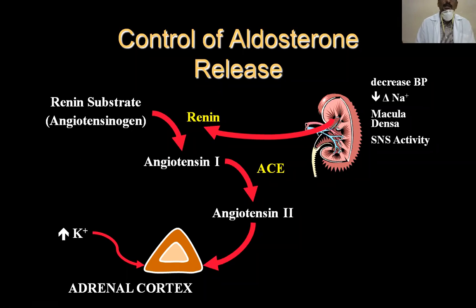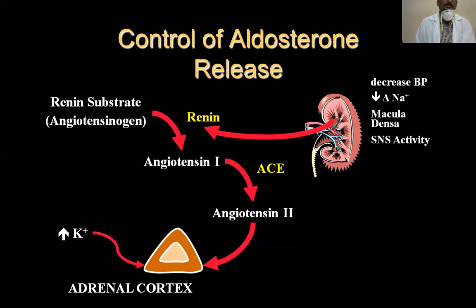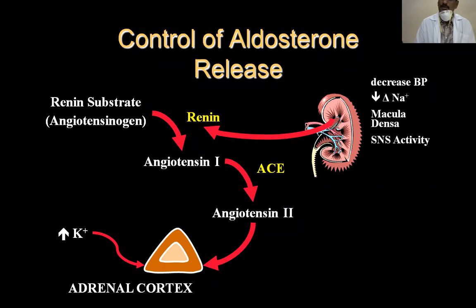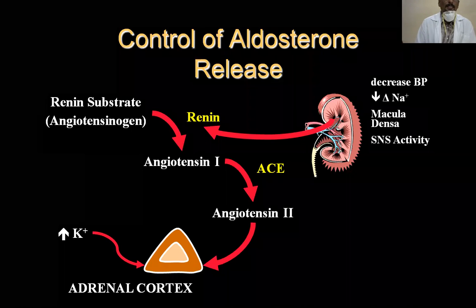But if we take a diet with high potassium content, say about 200 milliequivalents per day, then the release of aldosterone from the cortex will be increased by 6-fold. Even the slightest change in potassium level profoundly causes the release of aldosterone.